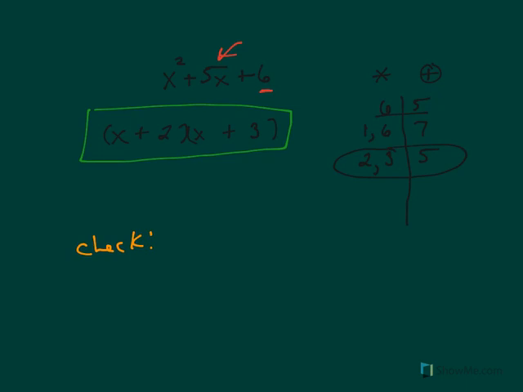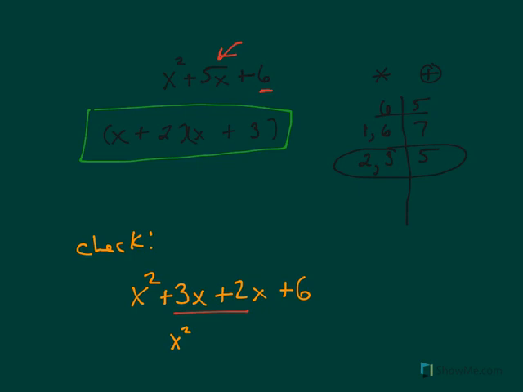But if you go ahead and multiply everything together, x times x is x squared. X distributed against the 3 is 3x. 2 times the x is 2x. And 2 times the 3 should get you 6. And those two middle terms combine for that 5x that we were looking for.